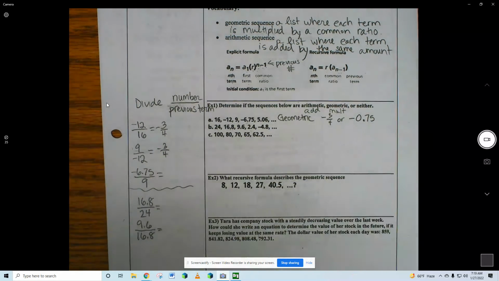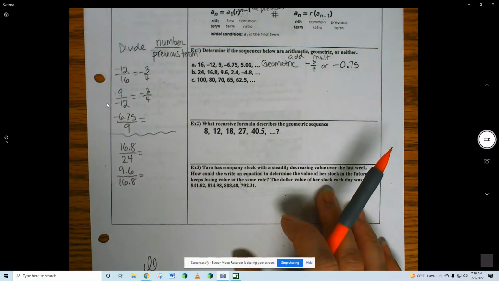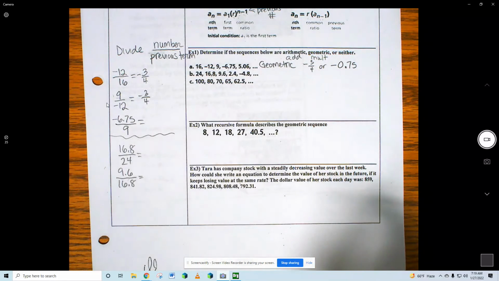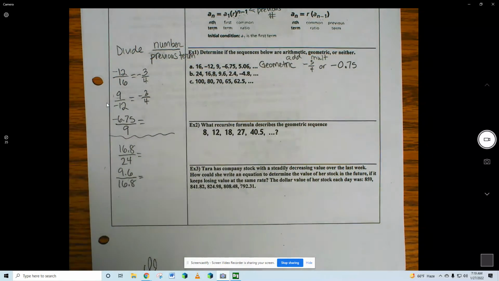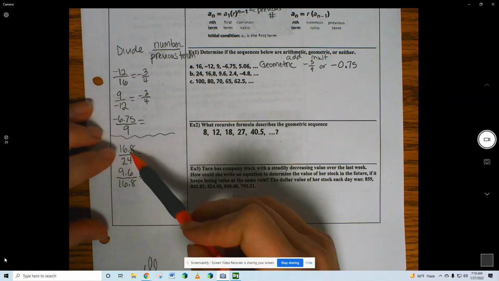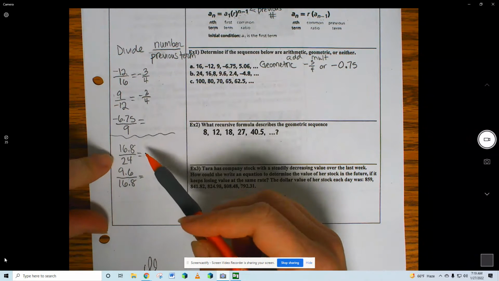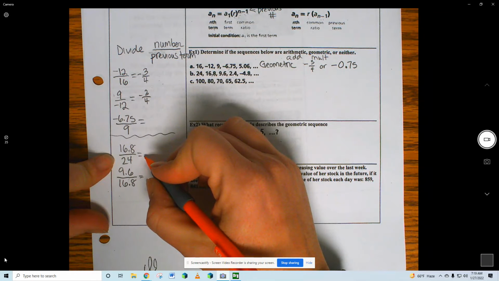Okay, can you guys do these division problems and see, because we have to figure out if it's arithmetic or geometric. So when you divide 16.8, put that in the calculator first, divided by 24. What's that ratio?